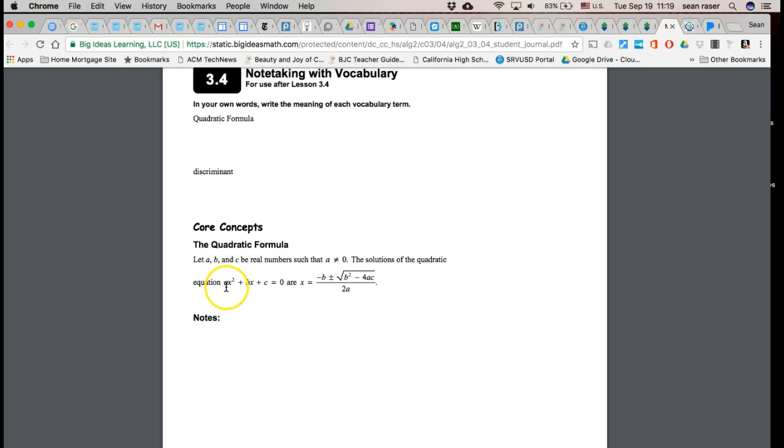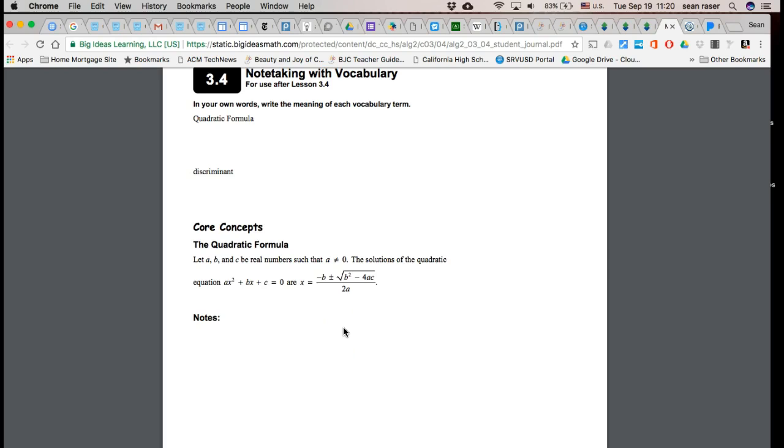and using the values for a, b, and c from your equation, you plug them into this formula here, which is x equals, and it's a big fraction, negative b plus or minus the square root of b squared minus 4ac all over 2a. Again, you were introduced to this in Algebra 1.